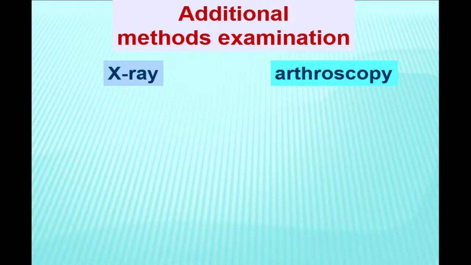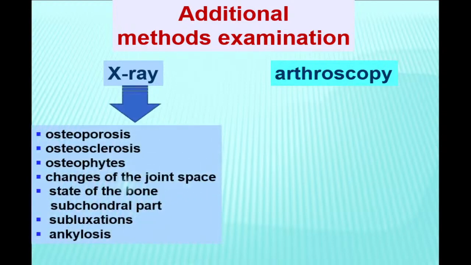And sometimes we'll use an invasive method, arthroscopy, when we introduce an apparatus into the joints, especially large joints, to assess all of its structure. On X-ray examination, first of all, we'll pay attention to the condition of the surrounding bones to reveal osteoporosis, osteosclerosis, pathological growth of bones, osteophyte formation.